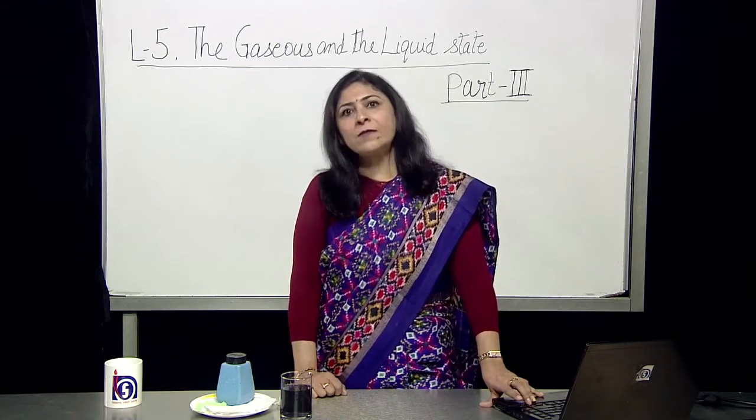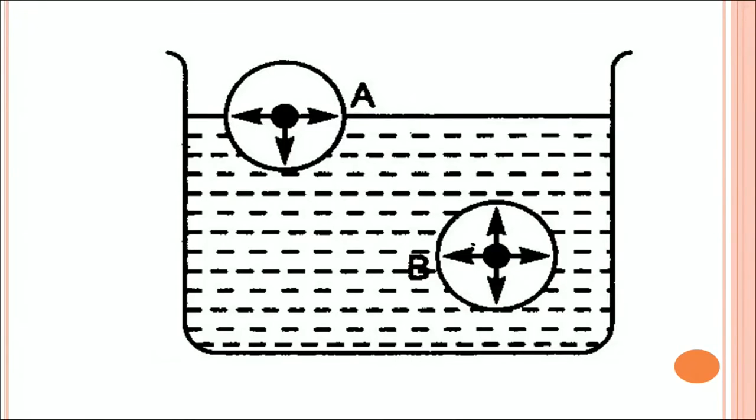Okay, I'll explain surface tension by this figure. You can see, we will compare the water molecules at the surface and the water molecule which is in between the water. Molecule B, lying inside the liquid, is surrounded by other molecules and so is attracted equally in all directions.